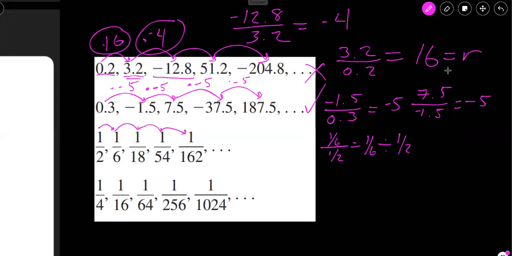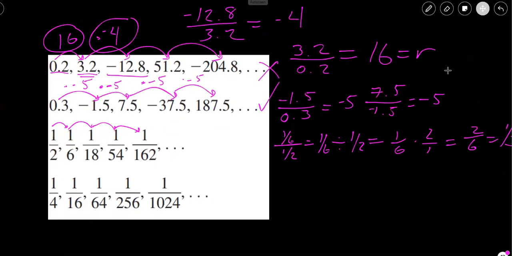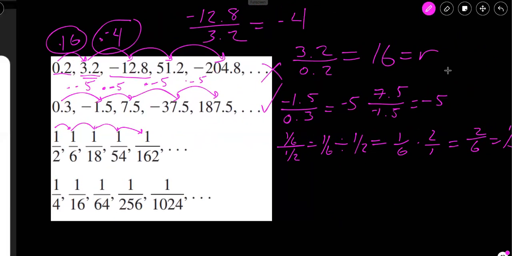And remember, division is the same as multiplying by the reciprocal, so 1/6 multiplied by 2/1 is going to be 2/6, which is 1/3. So my ratio in this case is 1/3.